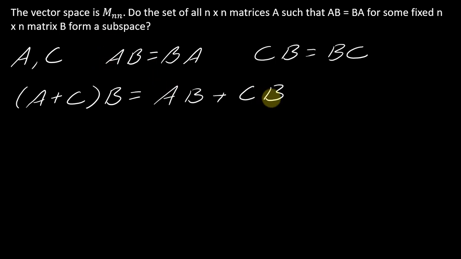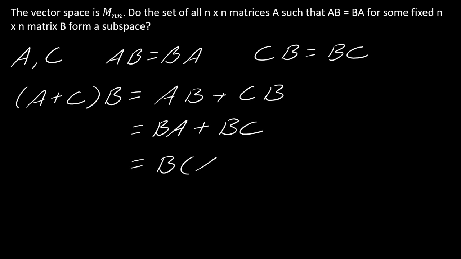And now that I have these two, I know that I am allowed to reverse the order since I'm multiplying by B, so this will be equivalent. And if this is equivalent, I can effectively factor out the B to get this. So what I have here is that finally I have something that is closed under addition.